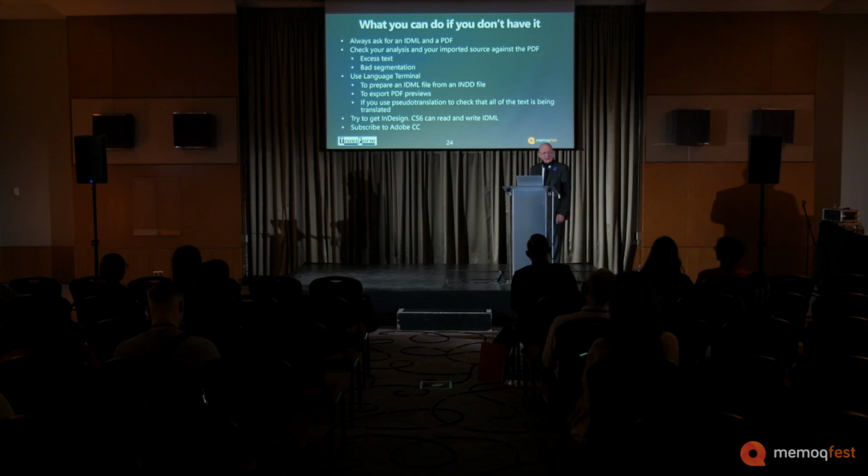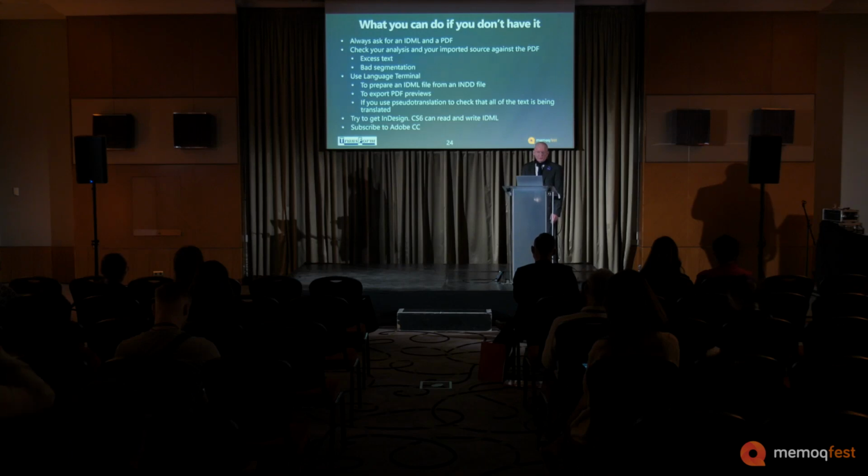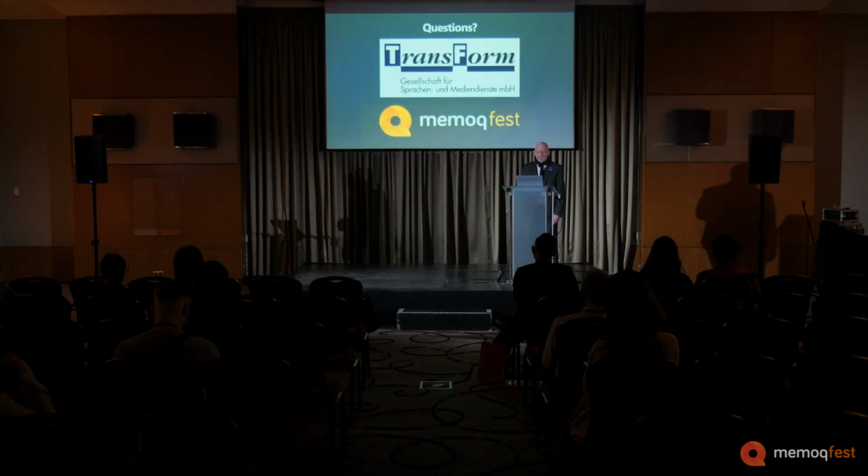You can also try to get your hands on an old perpetual license, CS6, for example. That'll read and write IDML, and then you can apply a lot of fixes to poorly formatted source text, and target, come to that. And if all else fails, subscribe to CC. It's expensive, but if you're a small group or you do a lot of design work, then it makes sense.